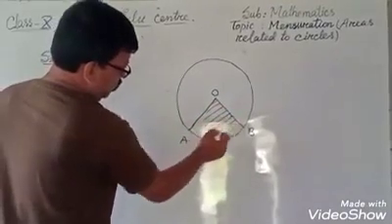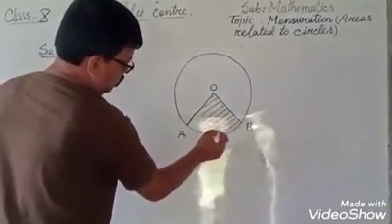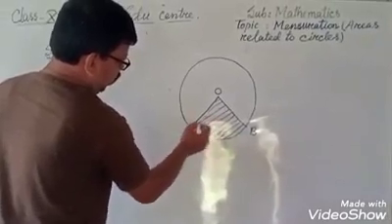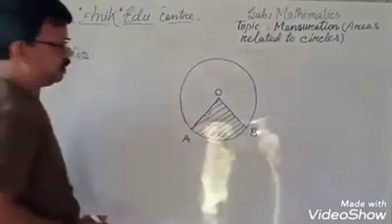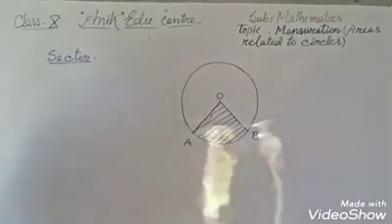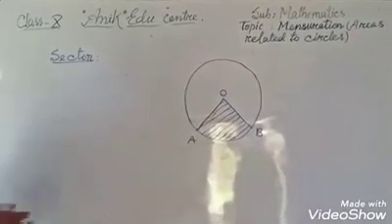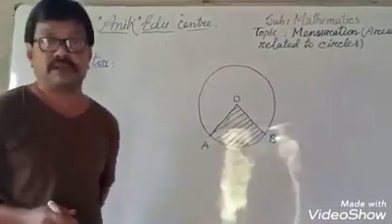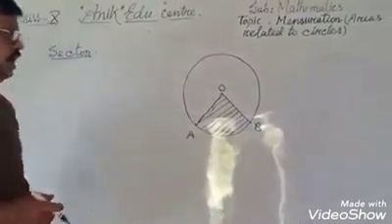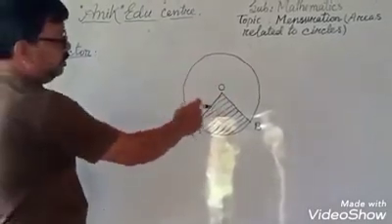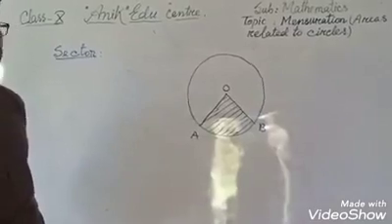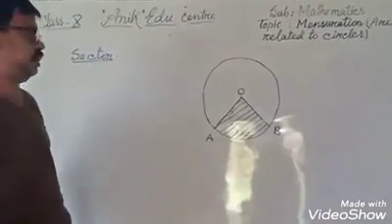For your convenience, I am shading. This shaded region is called the sector of the circle. Now, this sector is called the minor sector, and the other part of the circle, which is unshaded, is called the major sector of the circle.